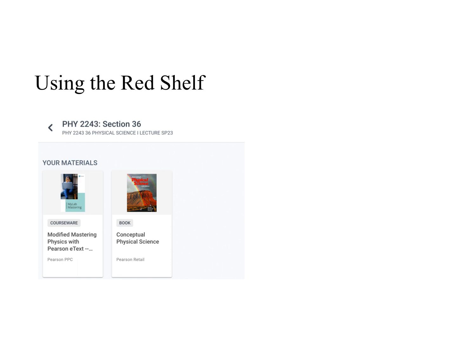If you look here, you'll see two things. You'll see the ebook, Conceptual Physical Science. That is our textbook. And so you can click on the link here, and that will open up your ebook, and that's where you'll be able to do all of your reading assignments.